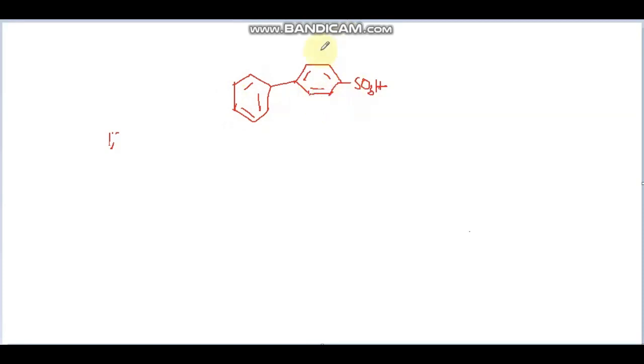Now the parent chain for this compound is benzene sulfonic acid. And this group here acts as a substituent on the benzene sulfonic acid. So this group is named as phenyl, which is at the position 4 of the sulfonic acid on the benzene.